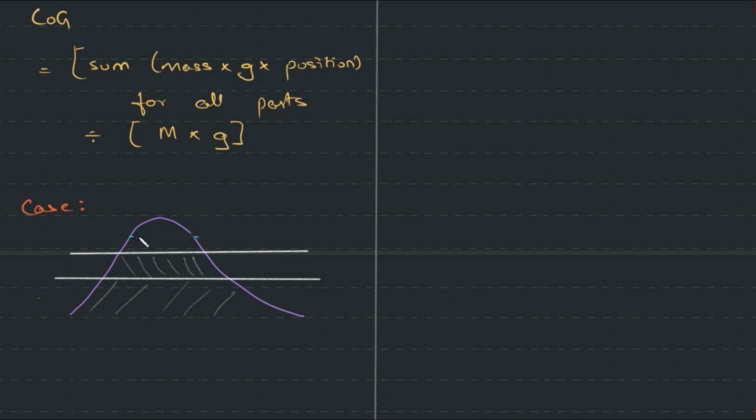So basically, my g will not be the same for all the masses. In the case of a mountain, the g value varies for different heights.